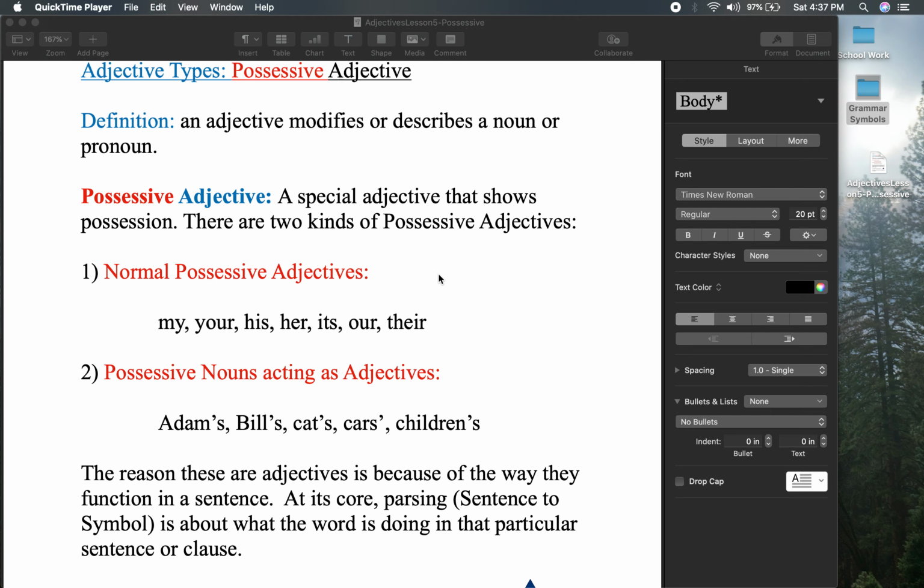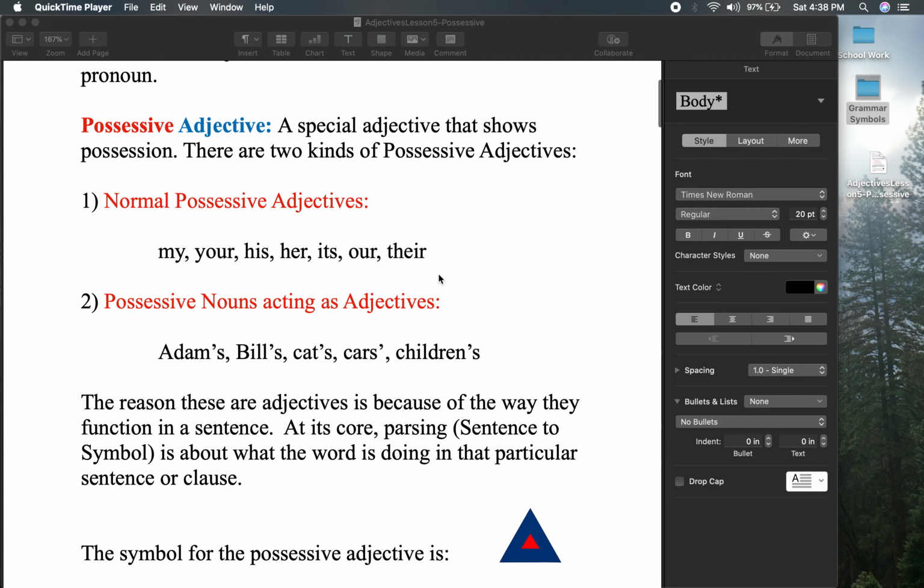So basically the first, second, third person, singular and plural there. But you also have possessive nouns acting as adjectives. So if I say Adam's car, or Bill's house, or the cat's food, or the children's play, I'm talking about specific people's things, and it's showing possession.